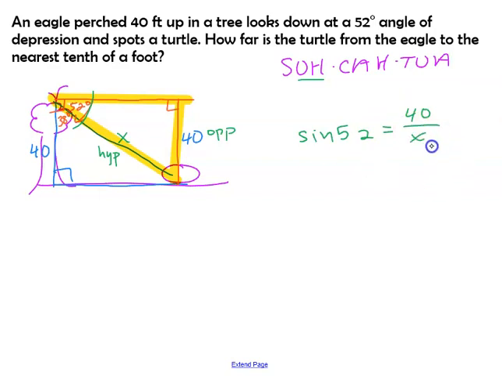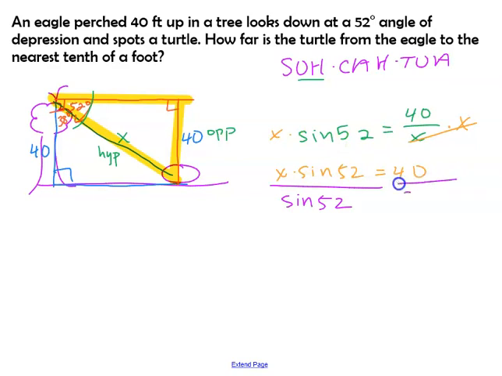Now, in order to solve for x, we need to multiply both sides by x, the denominator, so this cancels out. Then we have x times the sine of 52 is equal to 40. Now x isn't isolated yet, so we need to divide both sides by the sine of 52 so that this side cancels out and we're left with x equals 50.8.